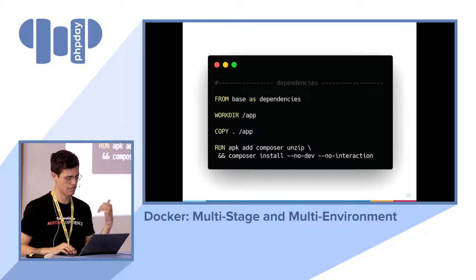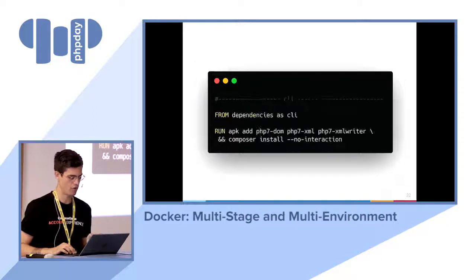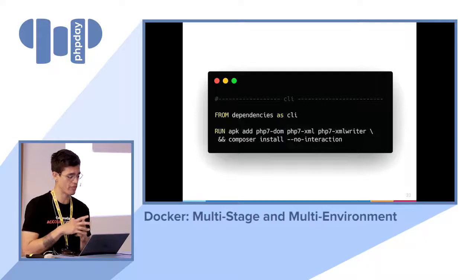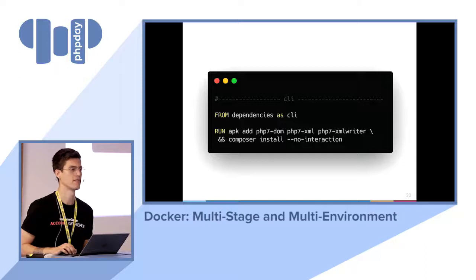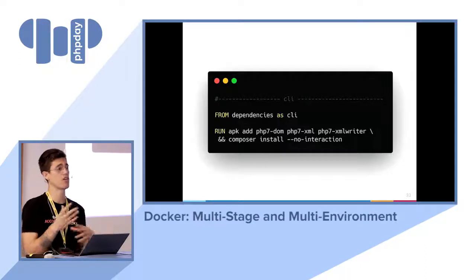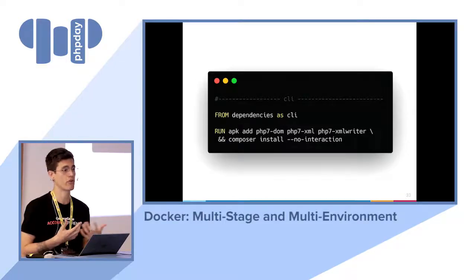Exactly the same thing, install Composer for dependencies, unzip, install only the production dependencies. And here we have one more thing that's nice. We are installing DOM, XML, and XMLWriter because these are PHPUnit dependencies. But if in my application I'm not using these dependencies, why am I shipping my application with these dependencies?